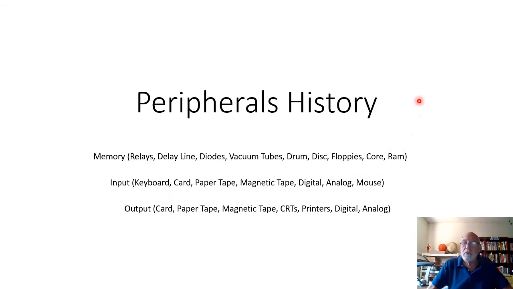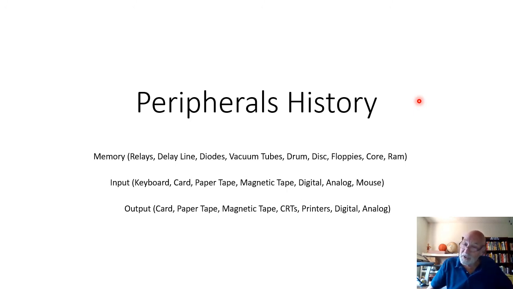Okay, peripherals, we used to call all the devices that hooked up to a computer a peripheral device. And in progress, what really changed over all of the different phases of computers, generations of computers, was the peripherals, not the CPU. The CPU operates the same as it did on the first computer.